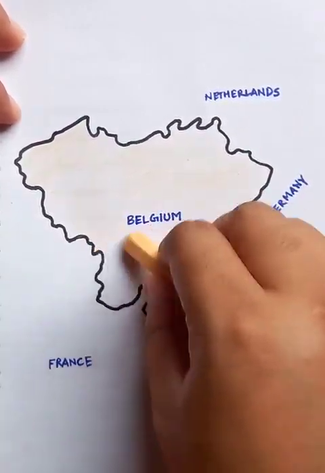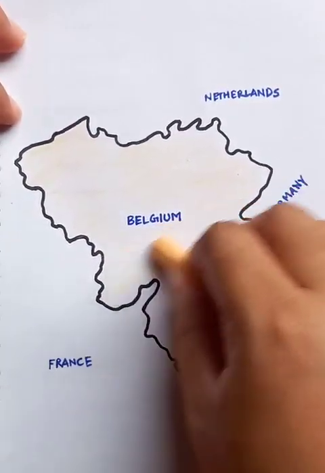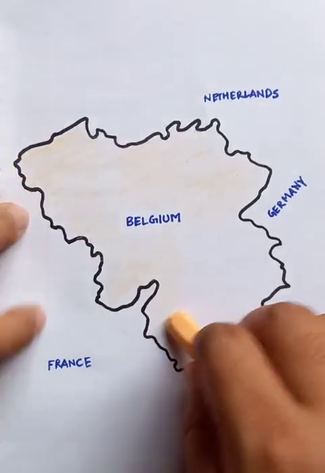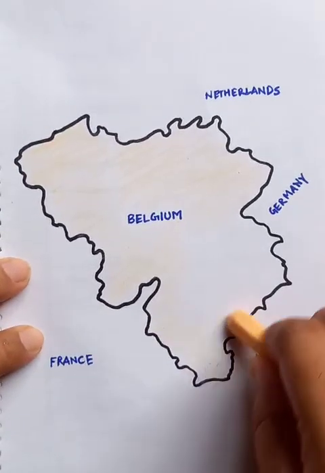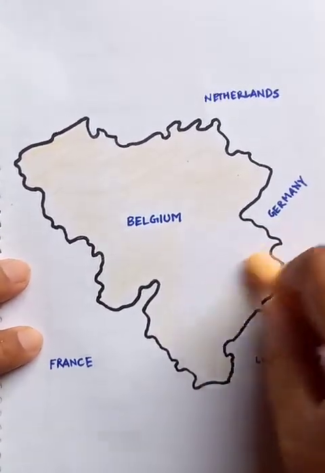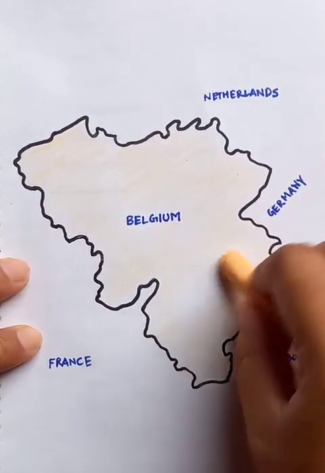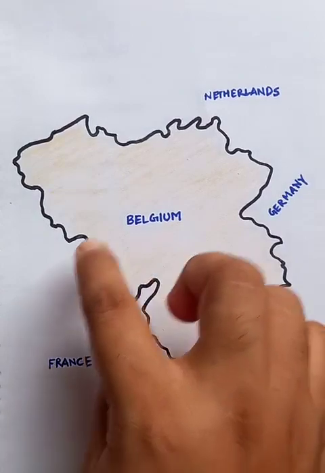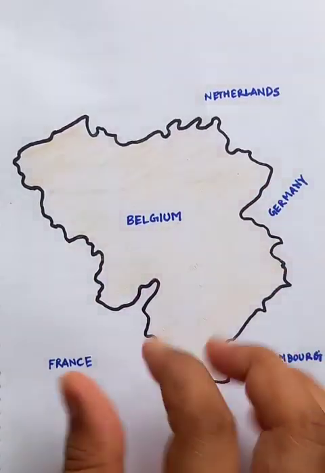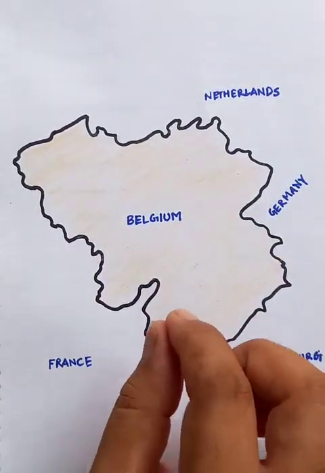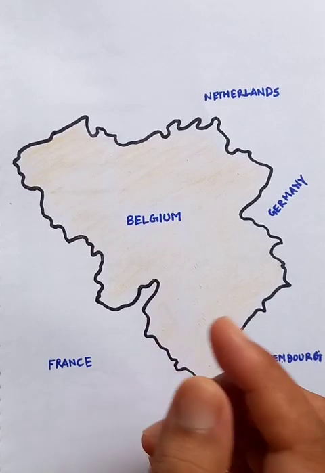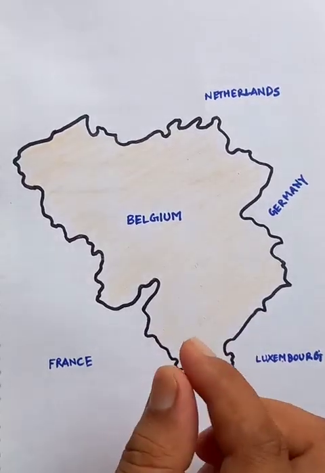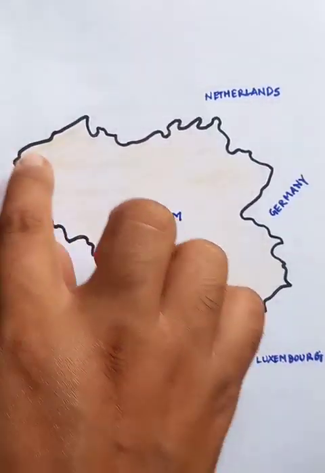Okay, just move the strokes alongside the borders, and the drawing is in progress, you can see here. All right, after putting all the brush strokes, you can see that all the tracks are pretty much visually clear. But if you want to make this drawing a little smoother, just use the blending stamps, or if you don't have any, don't worry, you can use your fingers and move like this.